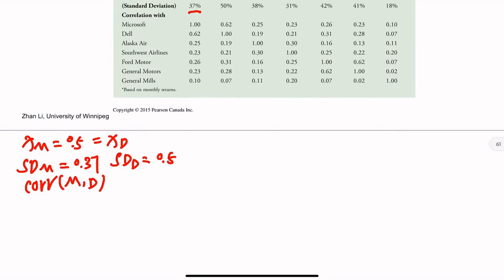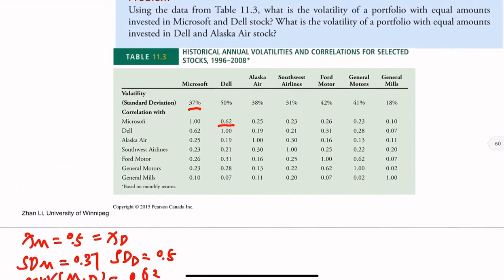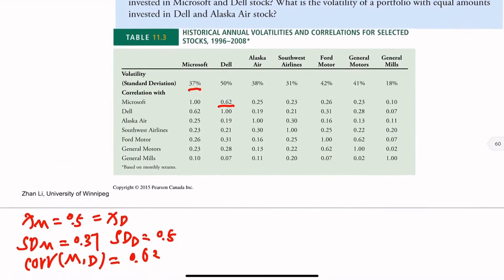I will use the notation CORRMD to denote it, and it is 0.62 here. Now we have a portfolio of Microsoft and Dell. Let's see what the question asks: what is the volatility? Let's first start by calculating the variance.